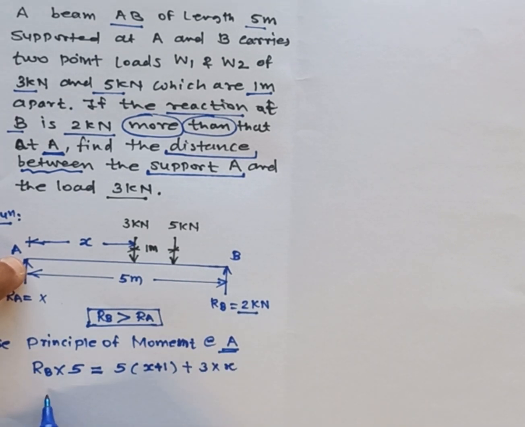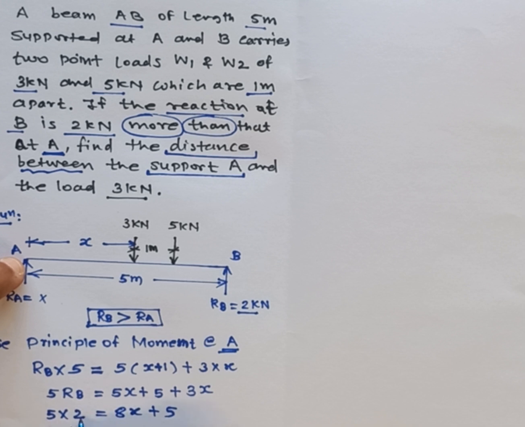Now simply solve this. 5 RB equals, solving the bracket, 5x plus 5 plus 3x. Simplifying and substituting RB: 5 into RB, which is given as 2, equals 8x plus 5. I am going step by step, no need to hurry. Solve step by step to avoid mistakes.